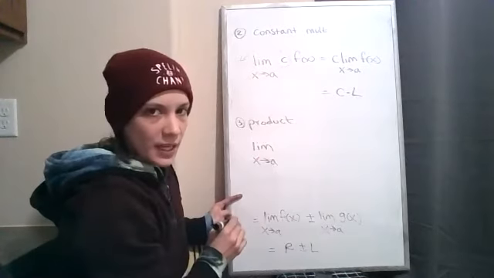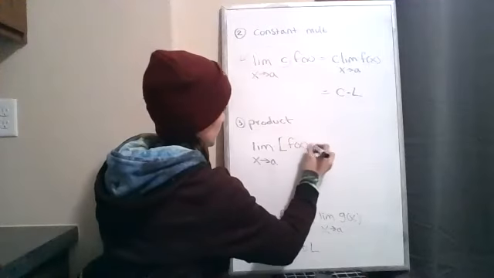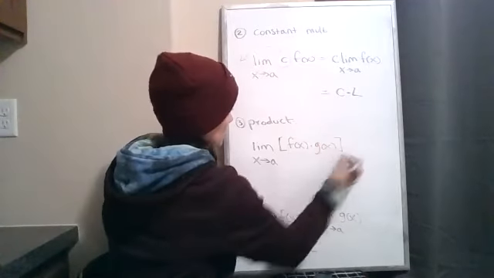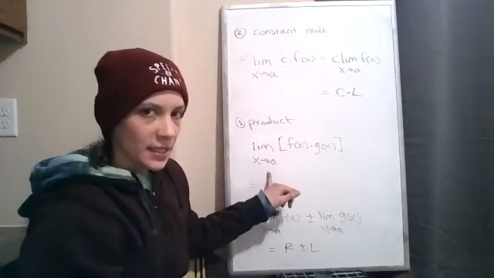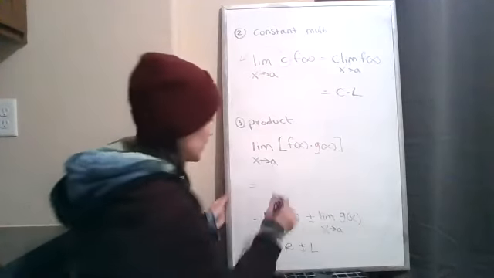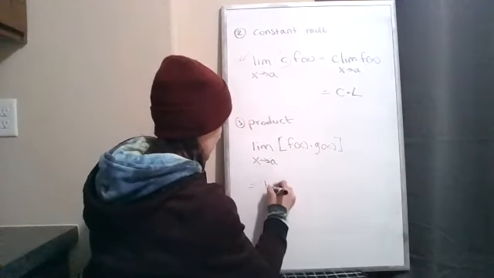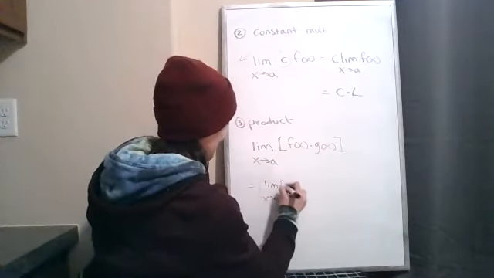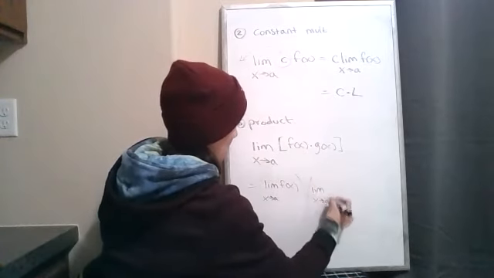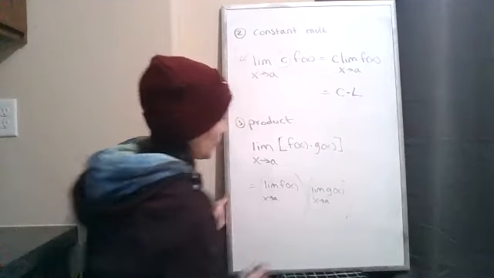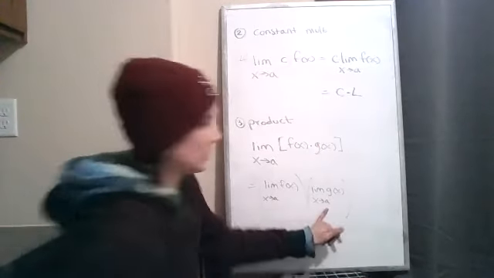The limit as x goes to a of f of x times g of x is the limit as x goes to a of f of x times the limit as x goes to a of g of x. And we had this equal to L, this is equal to R, so L times R.